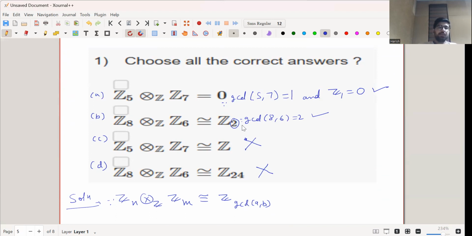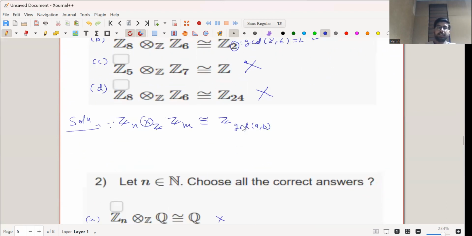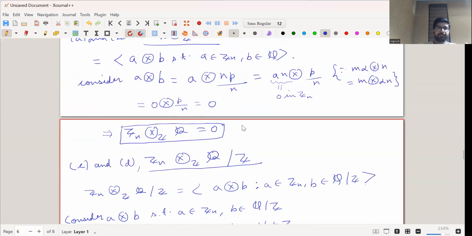So this will also not be true always, that if you take the tensor product such that one of the modules has all elements of finite order, then the tensor product is 0. No. Okay, so then either you have to work with the generators, or you have to make use of the universal property by defining a nice bilinear map.